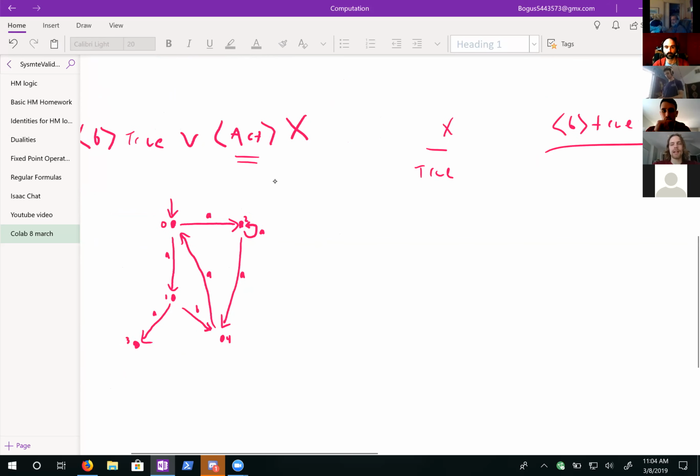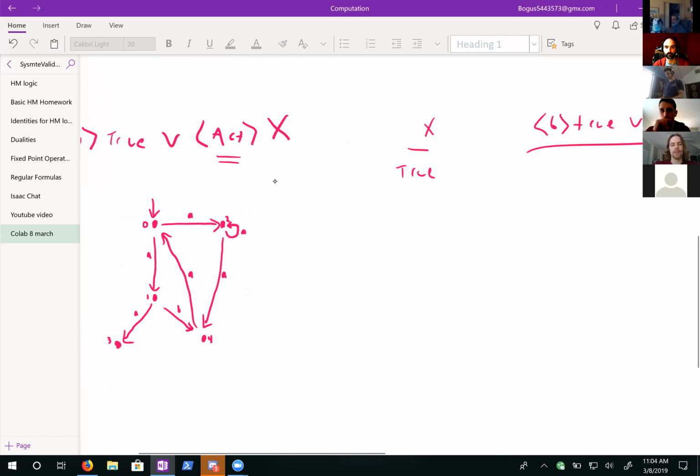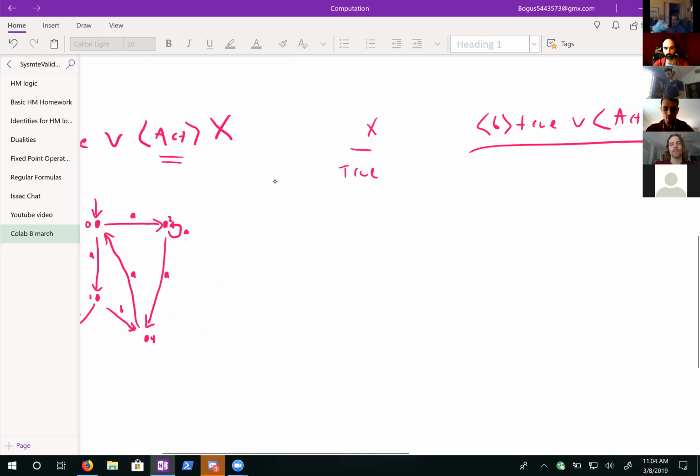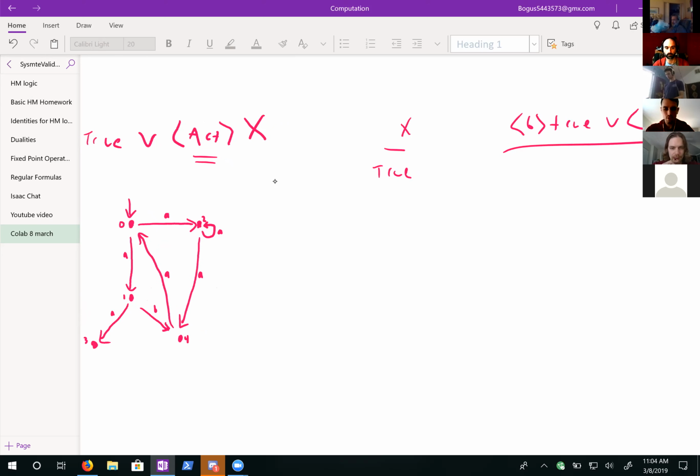Okay, so I guess now we just have to say which states either have a B transition or have an action that gets us to any state. I guess that's every transition or an action.